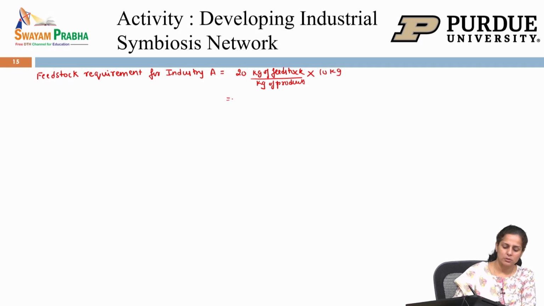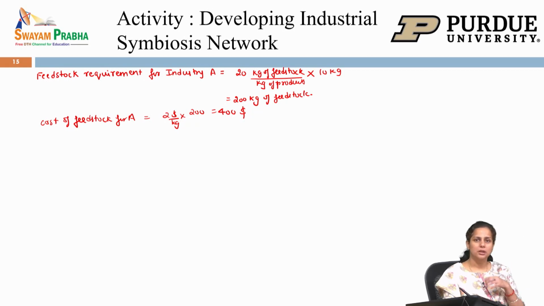So, we require about 200 kg of feedstock. And how much does it pay? The cost of this feedstock is about $2 per kg. So, we have $2 multiplied by 200, which means initially it pays about $400 for its feedstock.